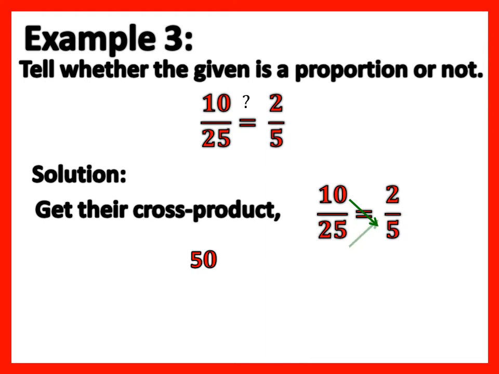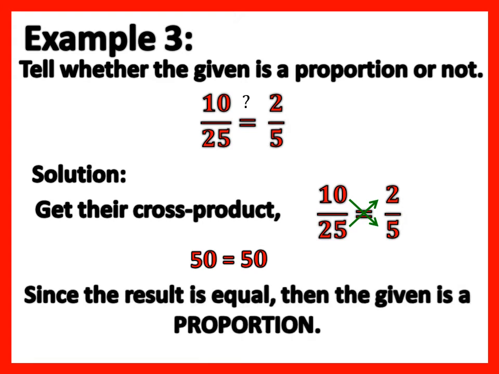And the other one, 25 times 2 is 50. So since 50 equals 50, we can say that the result is equal. And since the result is equal, the given is a representation of a proportion, since it is an equality of two ratios.